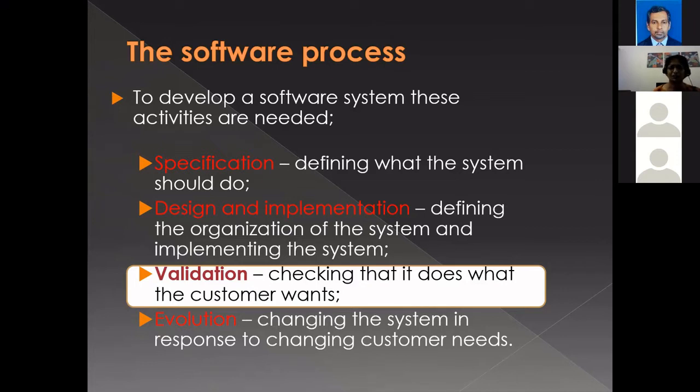So the evolution, the changing of the system in response to changing customer needs, will be happening all the time. So usually, if a software system is made, the development company would have a maintenance agreement with the customer who buys the software, so that they will attend to this task of evolution.